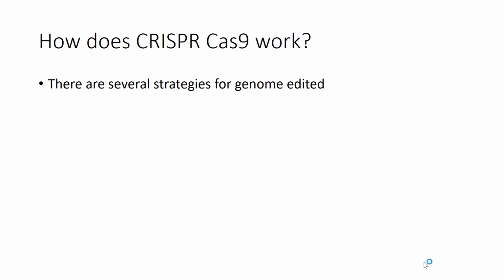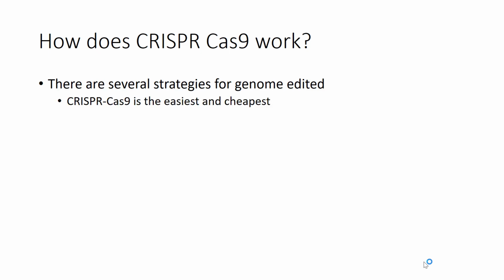There are several where you can go in and you can cut the genome in specific places using restriction enzymes, and then replace or insert a new gene. Or you can use viruses. That's what historically gene therapy has used primarily, is viruses to insert specific genes into the genome.